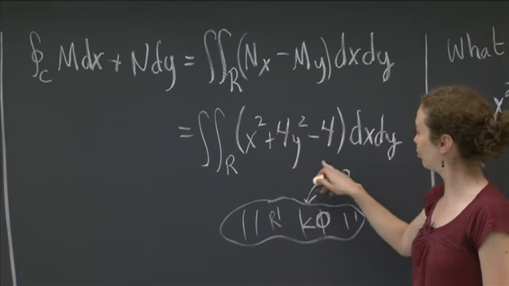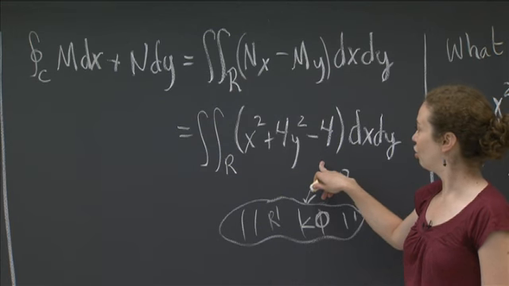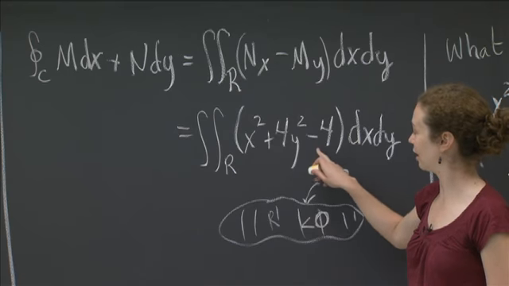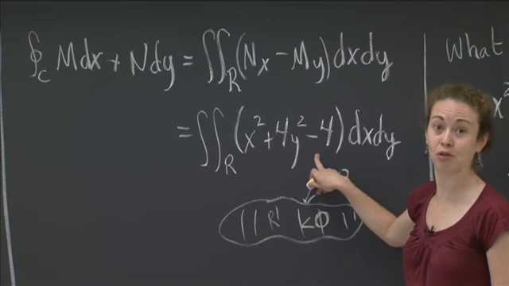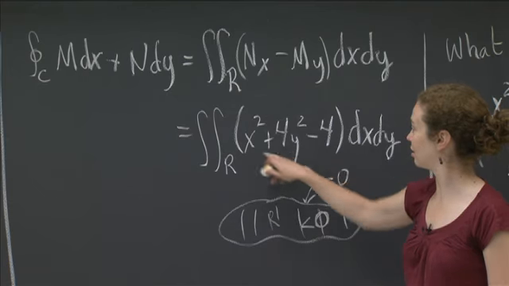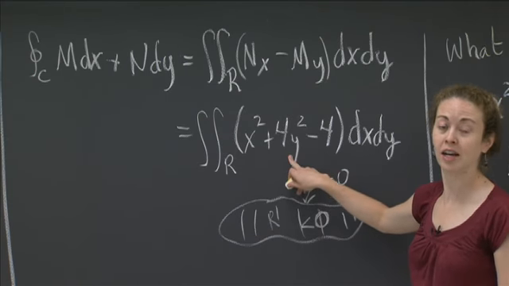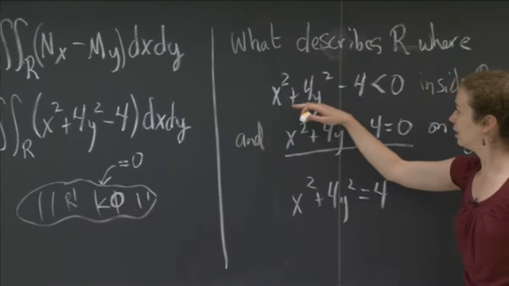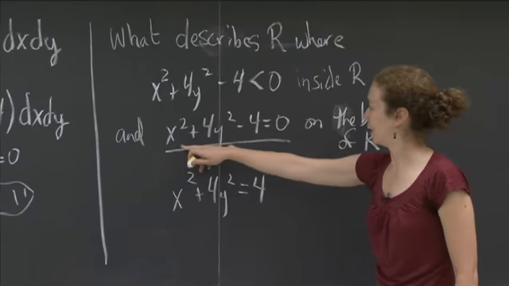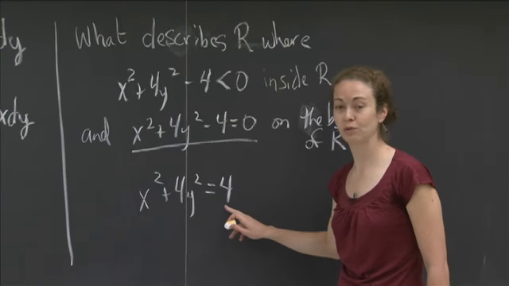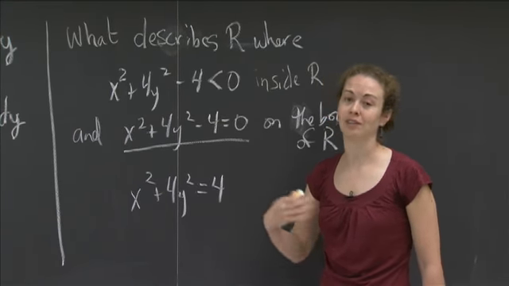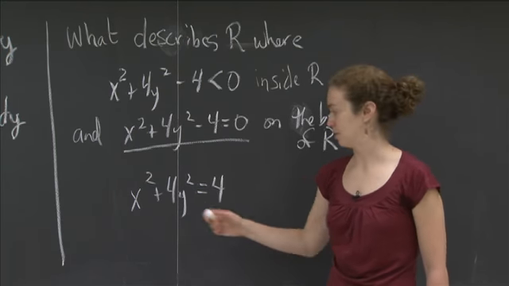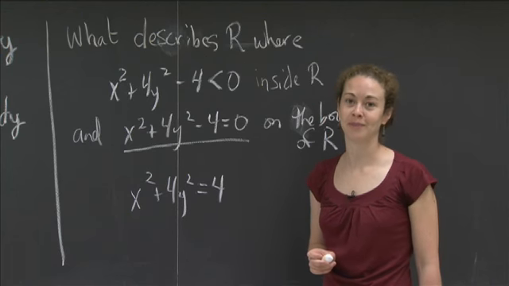We realized we could make it as small as possible if the quantity was negative everywhere inside the region and 0 on the boundary. That gives the boundary the equation x squared plus 4y squared equals 4, an ellipse, and C is indeed the boundary of the region. So C is the ellipse described by this equation. That's where I'll stop.